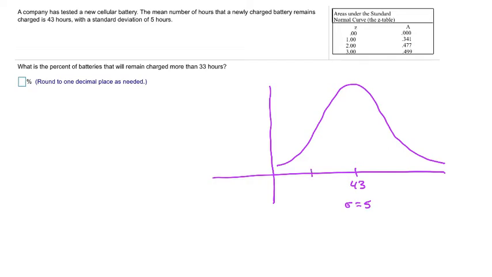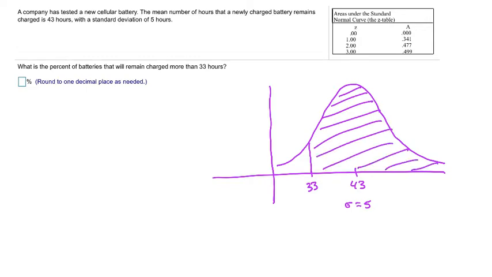So we have an x value of 33 right here. And so what we want to know then is what is the area under this curve that's going to be above 33 hours.